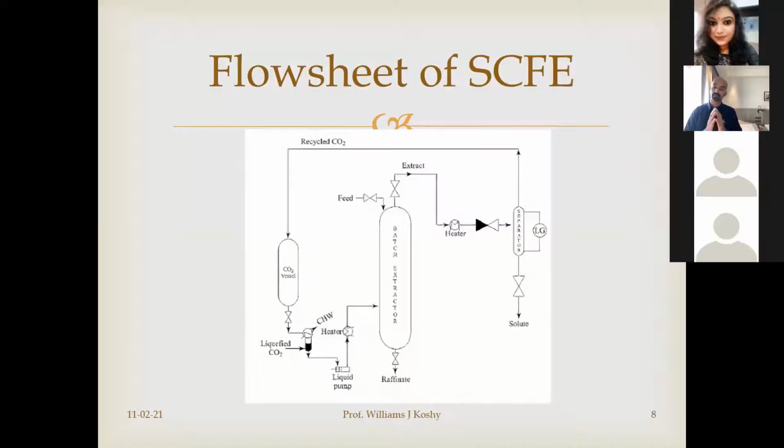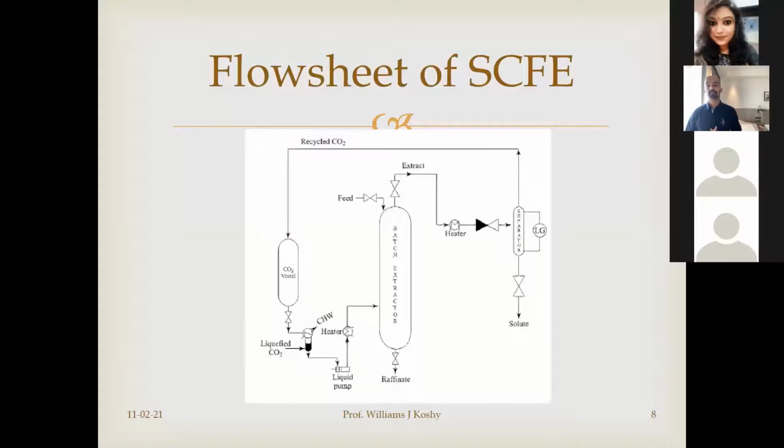Okay, so first we took the CO2 into the chiller, we reduced the temperature, because whenever you pressurize something, its temperature is bound to increase, its temperature will rise a little. So we already reduced that temperature first. When you are reducing the temperature, the CO2 gets converted into liquid and we have liquefied CO2.